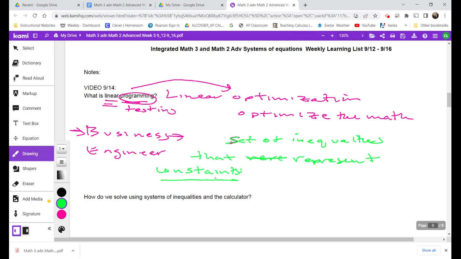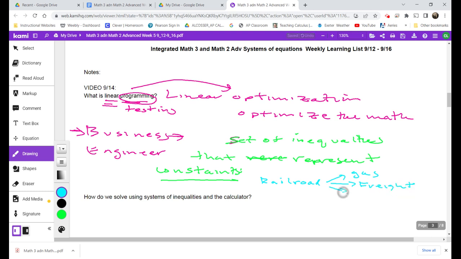What I mean by constraints, let's talk about railroad companies. To have maximum profit, they have to take into account gas. They have to take into account freight. In other words, how many boxes they're going to get on there.